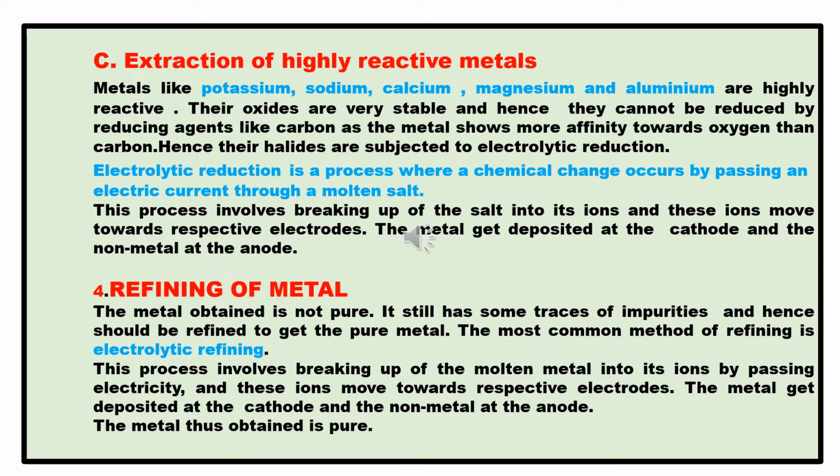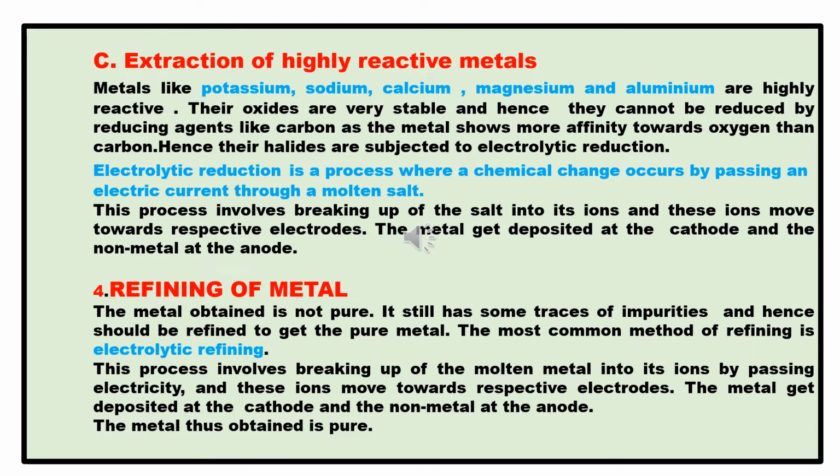When we do this, metal ions always move to the cathode as they form positive ions. So now we have seen how we can extract or reduce less reactive elements, moderately reactive elements, and highly reactive elements.